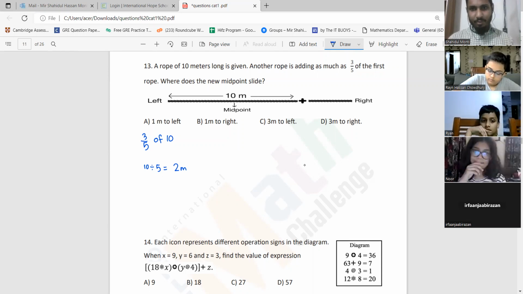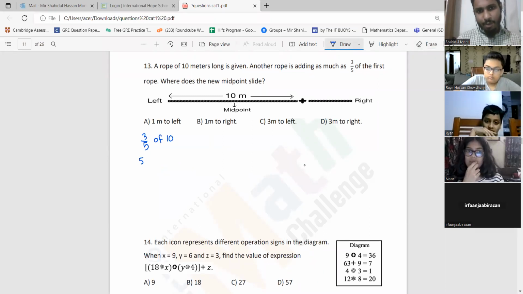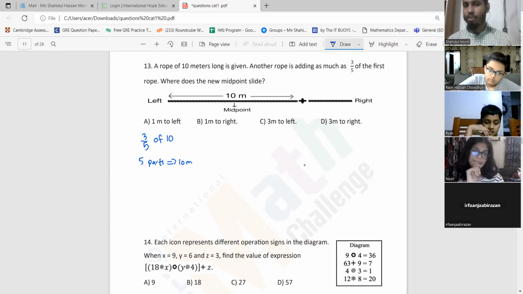All right. You can write it like this. 5 parts correspond to 10 meters. Therefore, we can say 1 part should be equal to less.